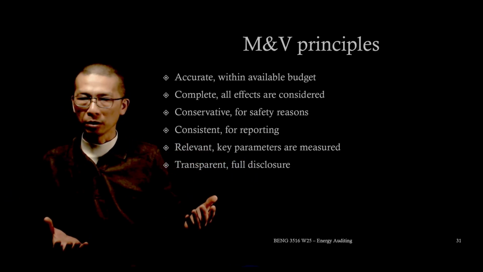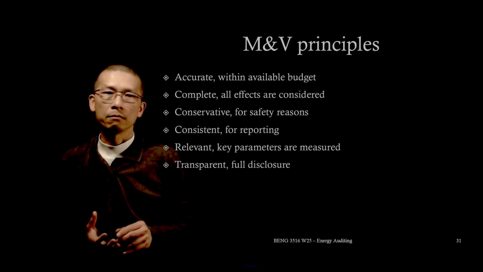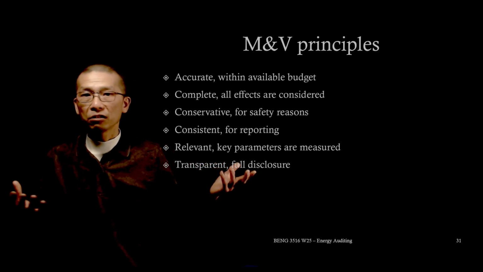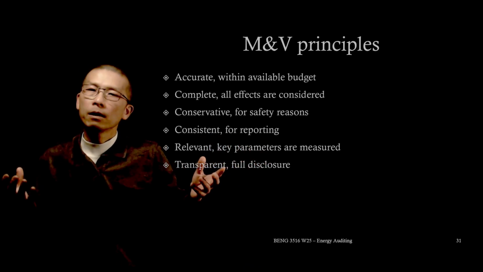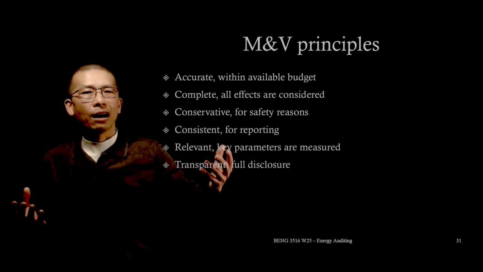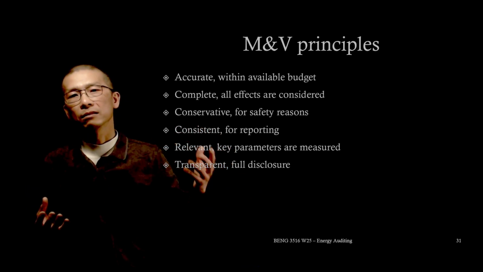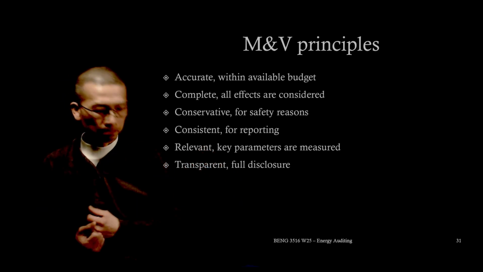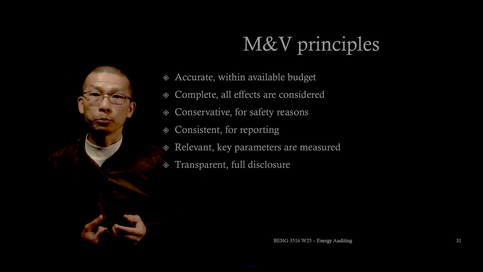It has to be transparent, no guesswork here. And uncertainty disclosure is essential. This openness builds up trust with stakeholders and allows independent verification of the savings that are claimed. So these are the MMV principles.